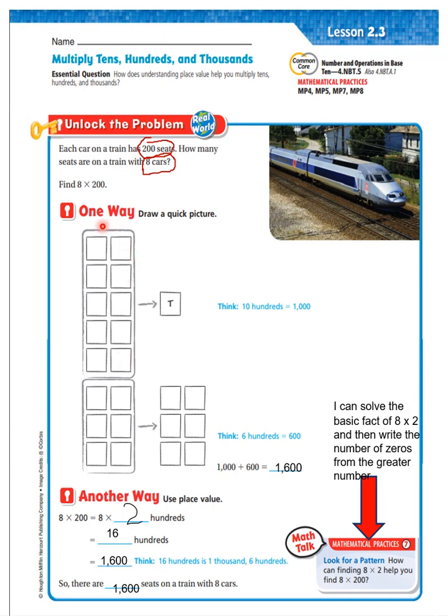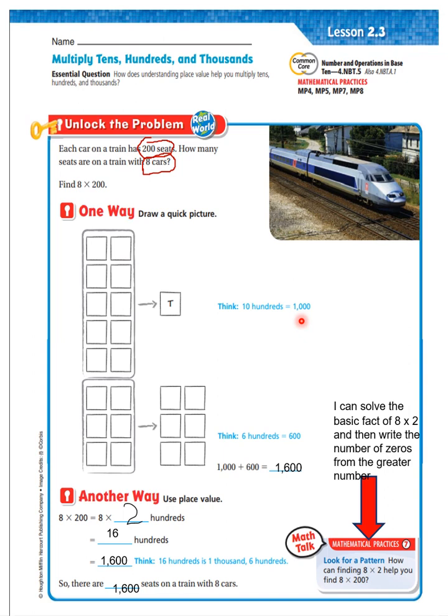And we circled 10 hundreds, which equals 1,000. So 10 hundreds equal 1,000. Now, I want you to ask yourself, how do the squares show 8 times 200?